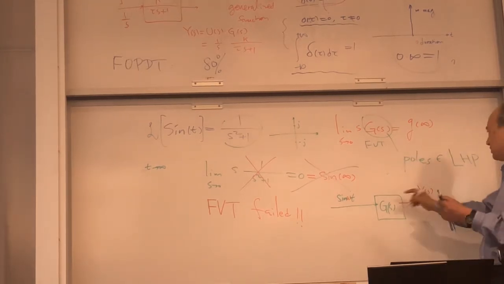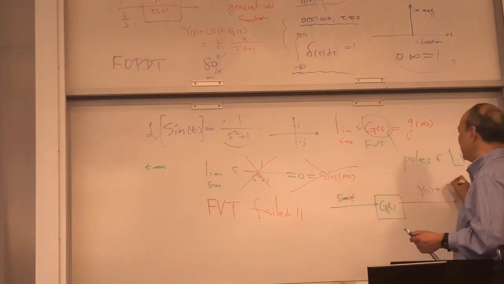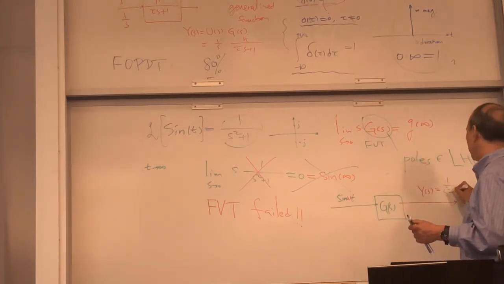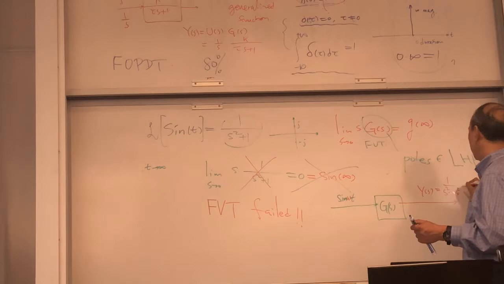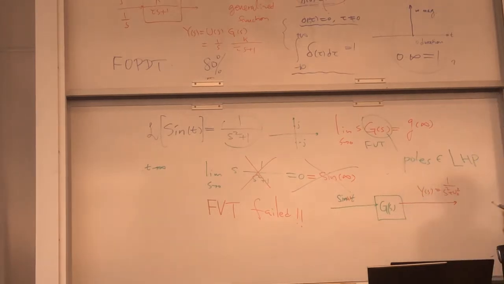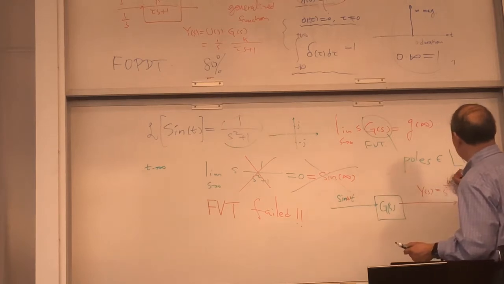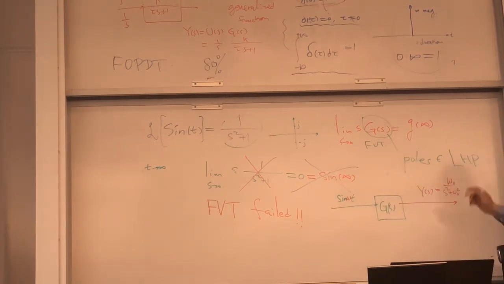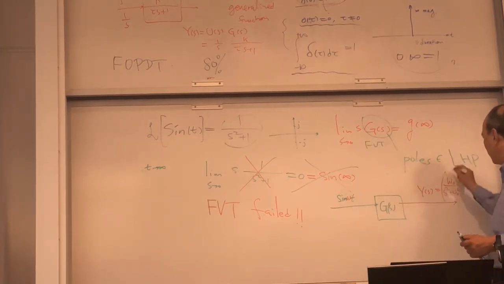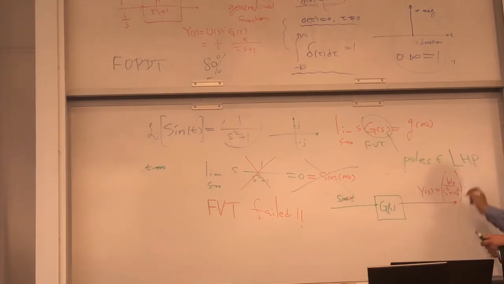Of course you can write the input as omega 0 over s squared plus omega 0 squared. So Y of s is the input of s times G of s, which is correct. There's nothing wrong with that.